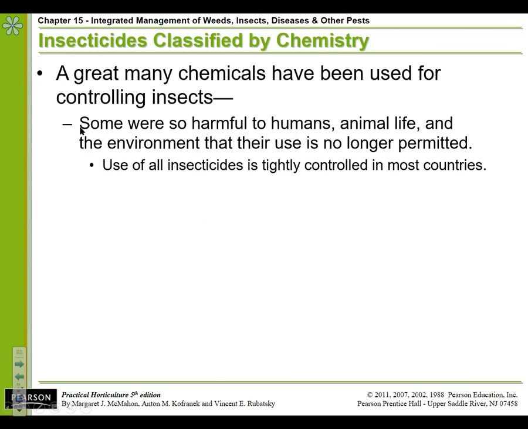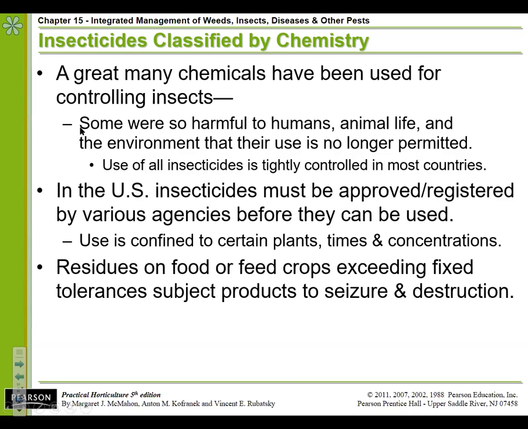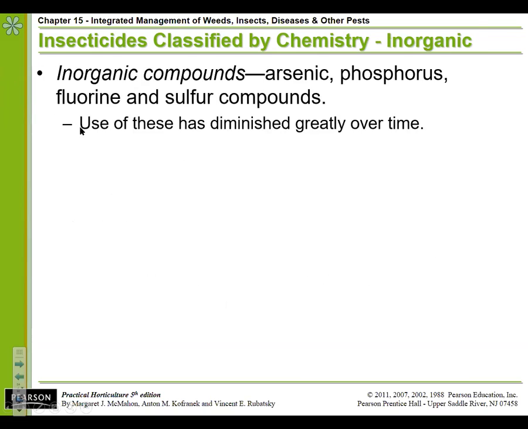There's all kinds of different chemicals out there for controlling insect pests, and we look at these as being classified by their chemistry. And these are approved and registered for use by the EPA. And really, some of these historically have become very damaging.